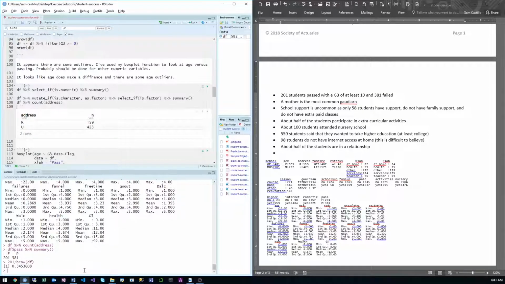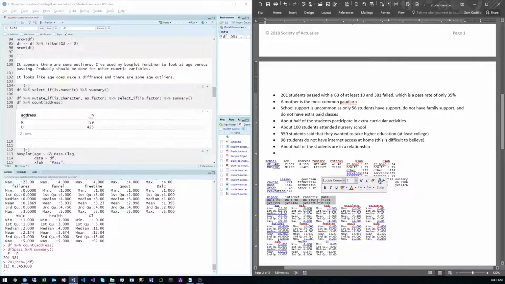That's a pass rate of only 35%. Right, half of students are in a relationship. 34% pass. The average age is 16.